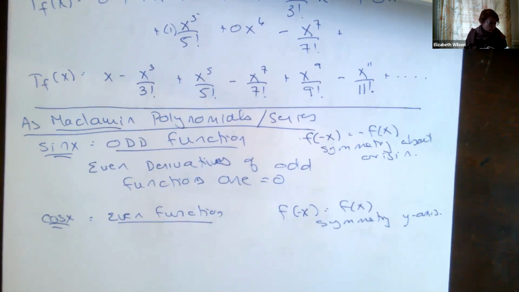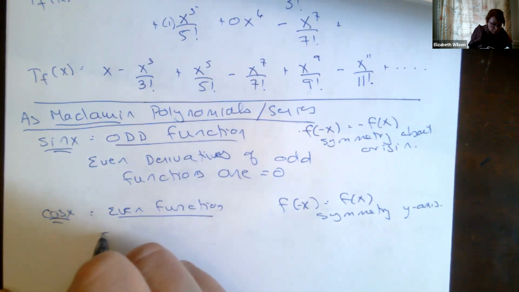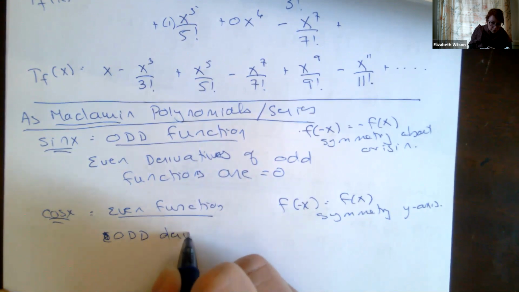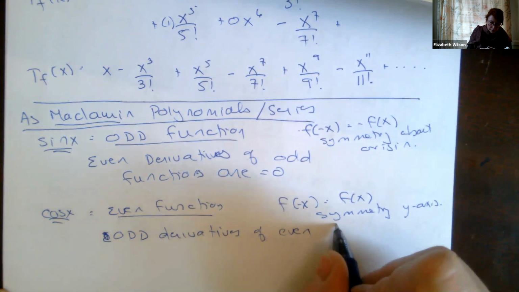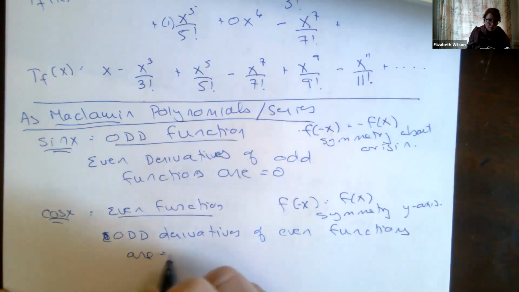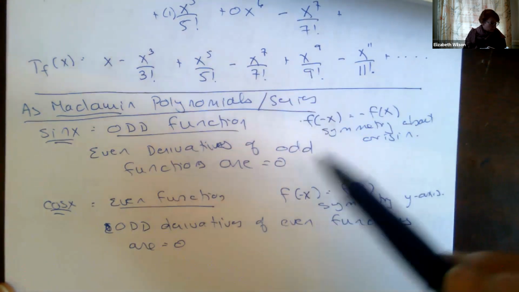So for even functions, the odd derivatives of even functions are equal to 0. My cosine Maclaurin is going to look like this, but with even terms.